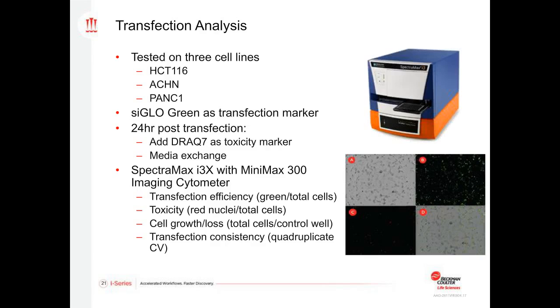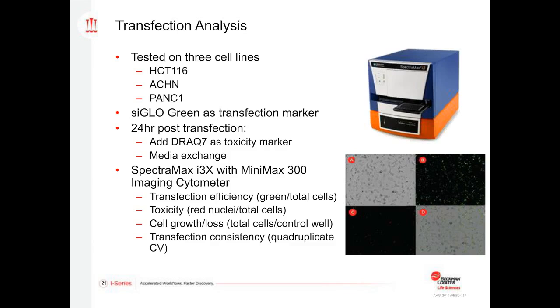We then did some imaging with the SpectraMax i3x with MiniMax 300 imaging cytometer shown in the upper right. And this basically enables 4x images to be taken in bright field and 2 fluorescent wavelengths, 541 nanometers and 713 nanometers. And what this enabled us to do was to count total cells and then get an idea of our transfection efficiency by counting the number of green cells, indicating our SI-Glow green had been taken up.